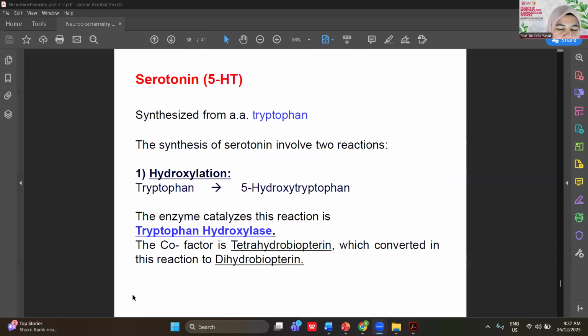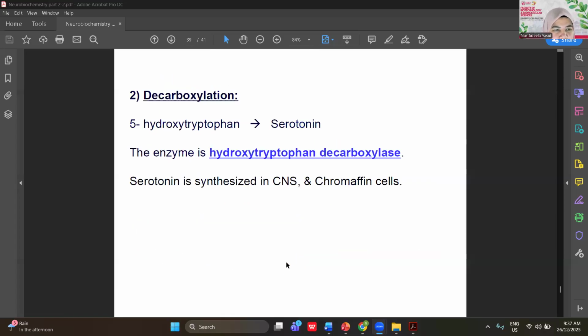This is the first and critical step in serotonin production, which plays an essential role in mood regulation, sleep, and other physiological functions. The next step, decarboxylation, is the final stage in serotonin synthesis. Serotonin is very important in regulating numerous physiological processes, and its dysfunction is linked to conditions like depression and anxiety.